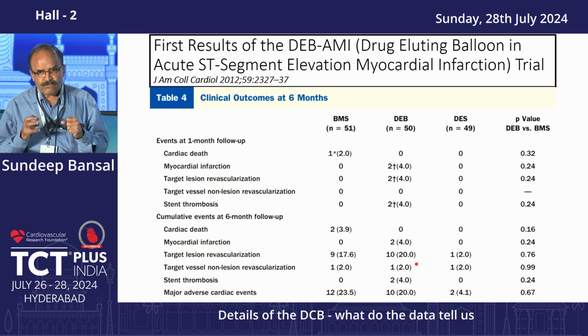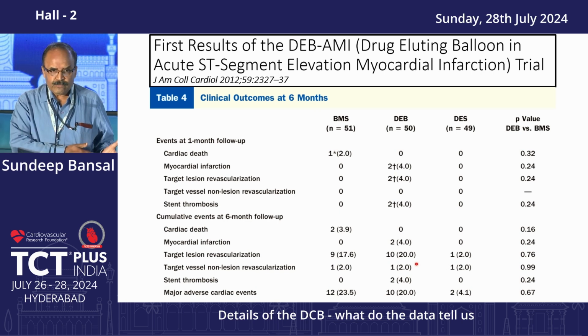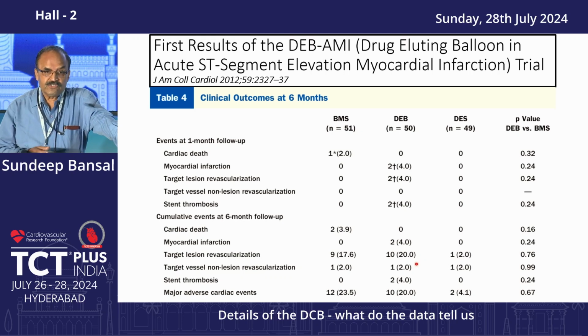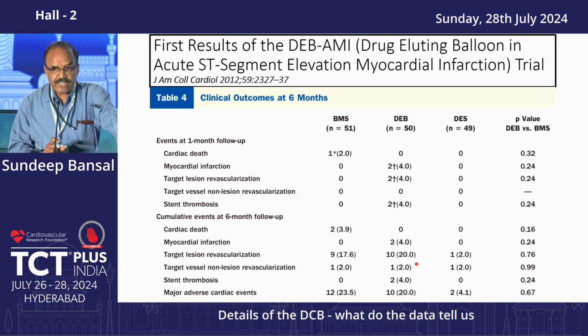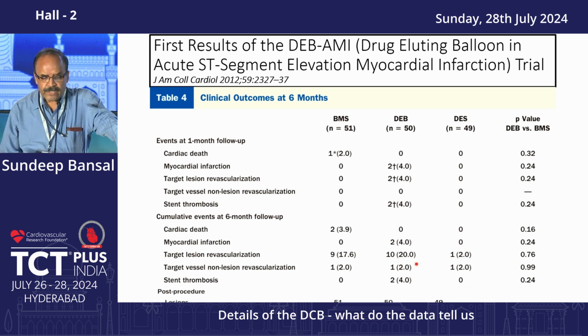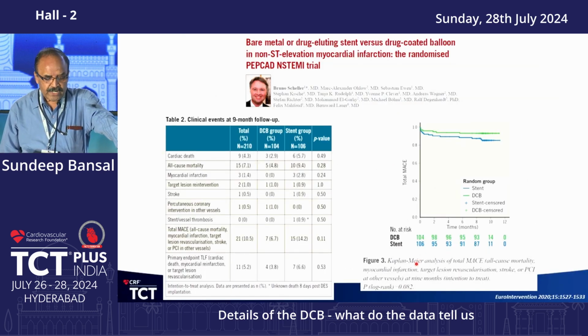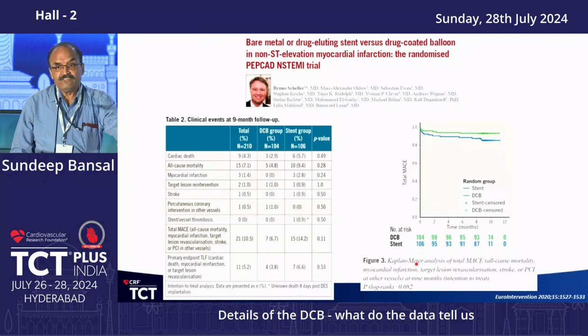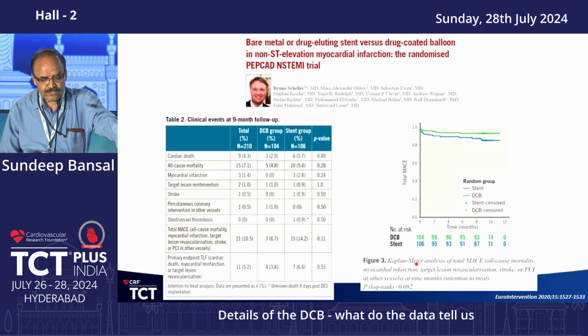Again, there is a problem of thrombus interplay with the stent struts, and also there is always a chance of a vessel to stent size mismatch. These are two aspects which are taken care of if you use drug-coated balloons. In STEMI also, there has been a trial wherein non-inferiority has been shown.